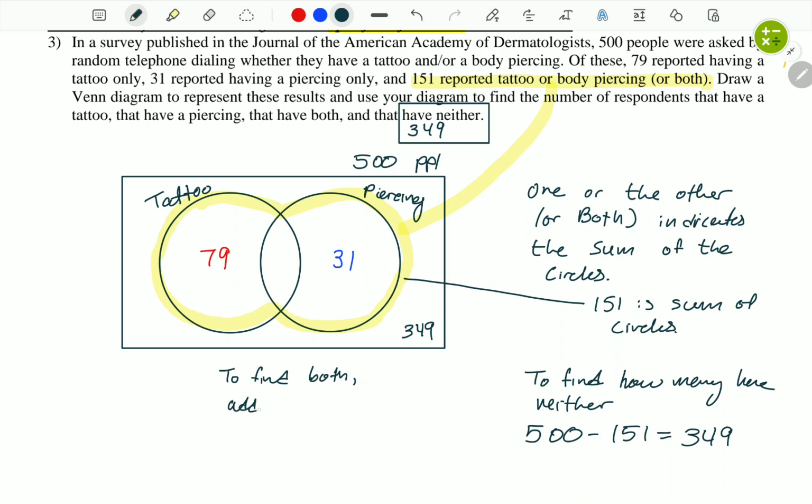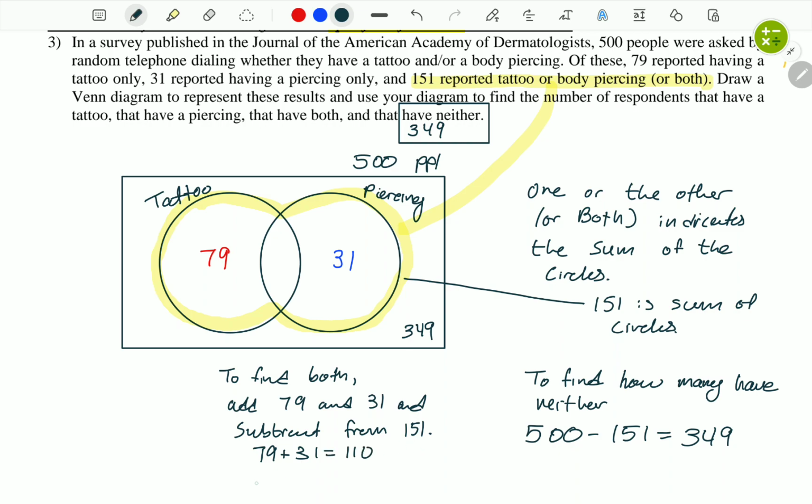To find both, add 79 and 31 and subtract from 151. So when we add those together, that is 110. 79 plus 31, 110.